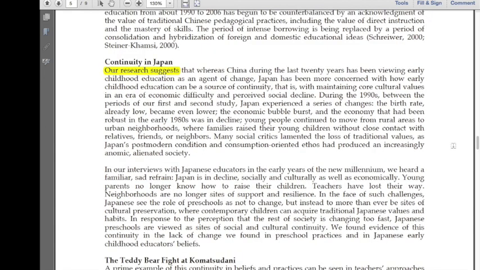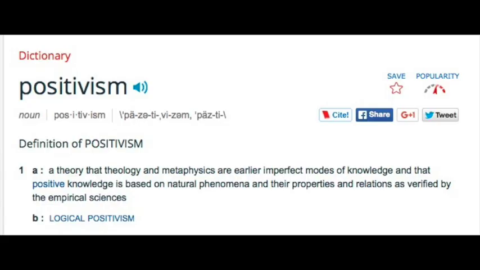One last thing I want to point out. Tobin does a really wonderful job of not falling into the trap of positivism, of crafting universal laws or truths.